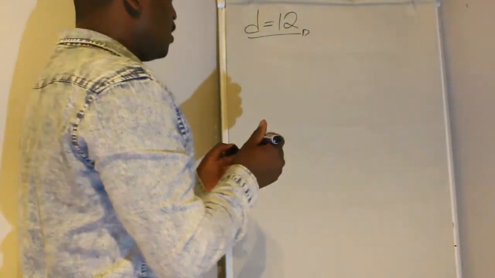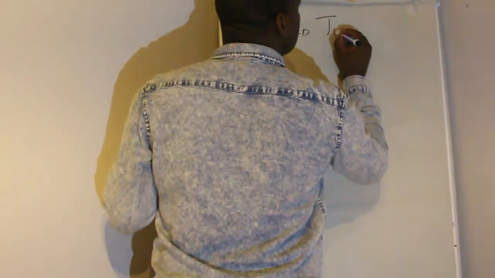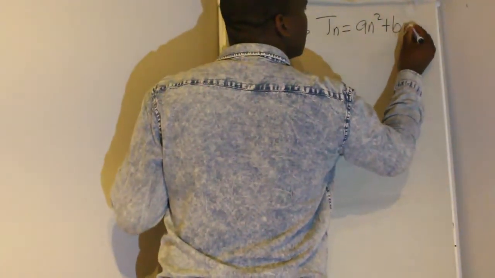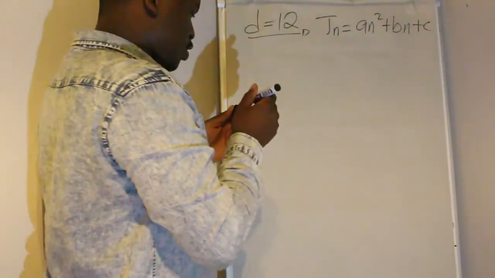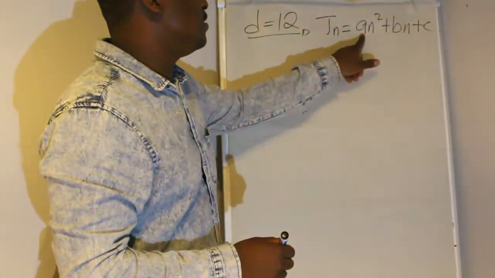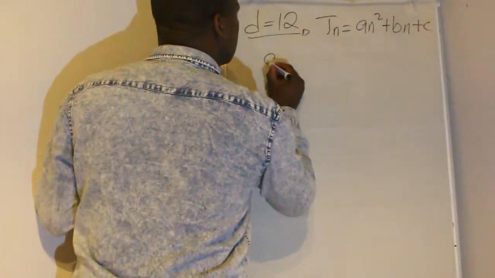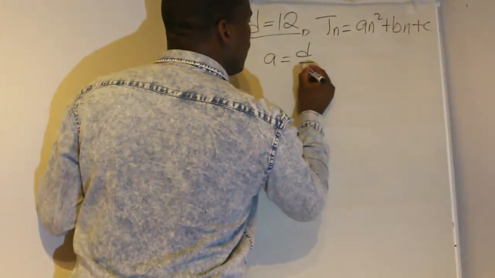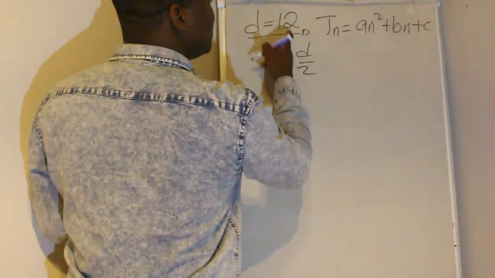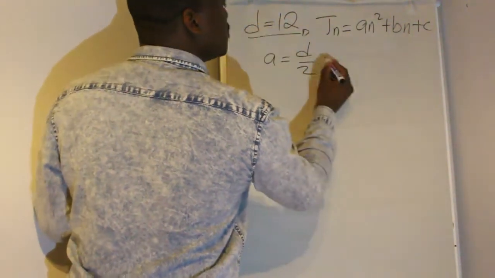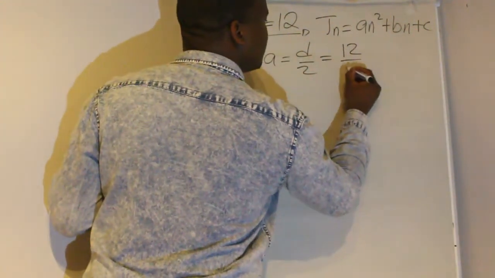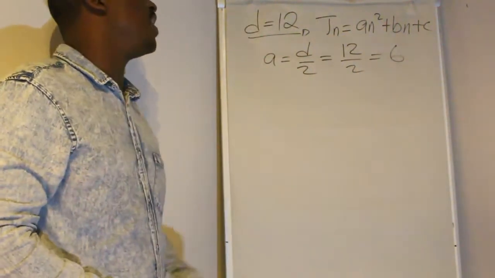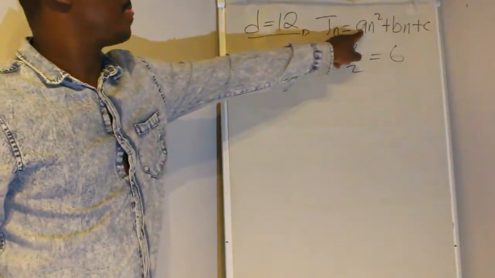Our general equation is Tn is equal to an squared plus bn plus c. To find a, a is equal to d over 2. Our d is 12, so it's 12 divided by 2, which is equal to 6. That is how you find a.